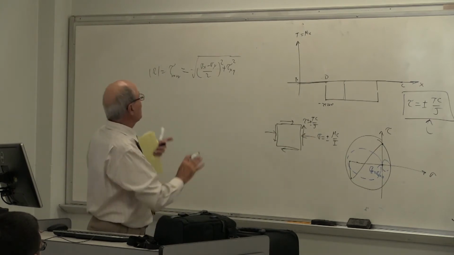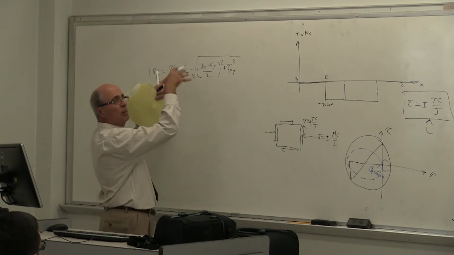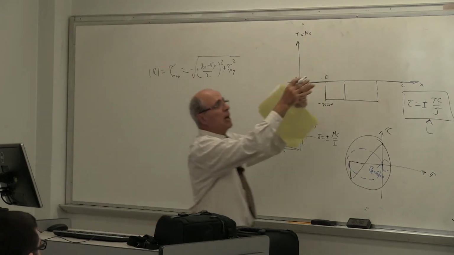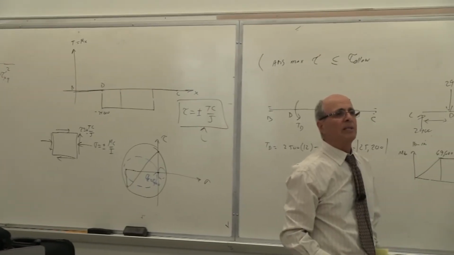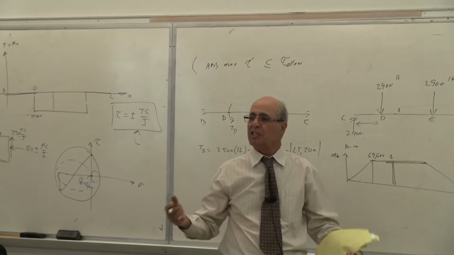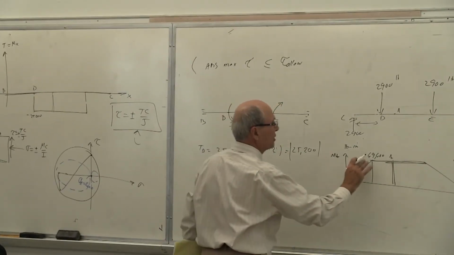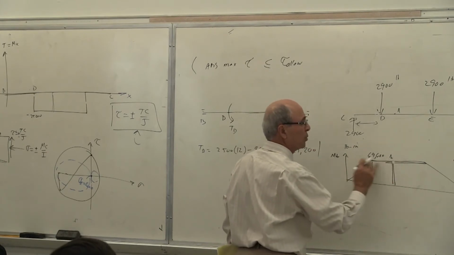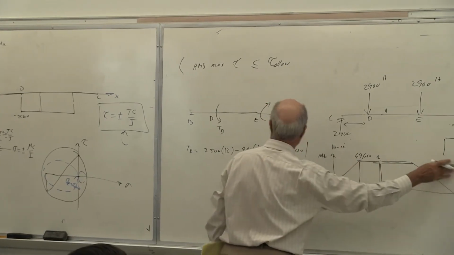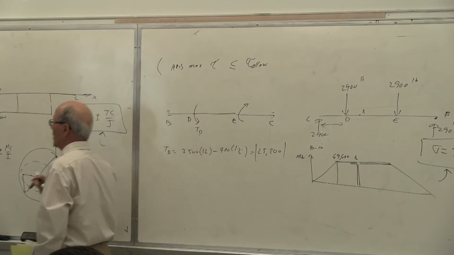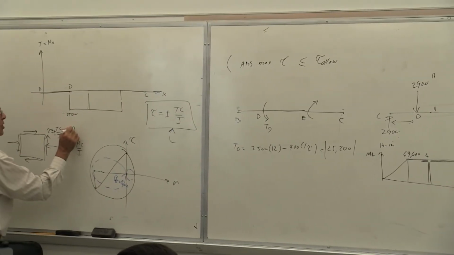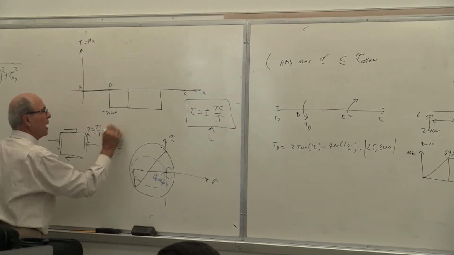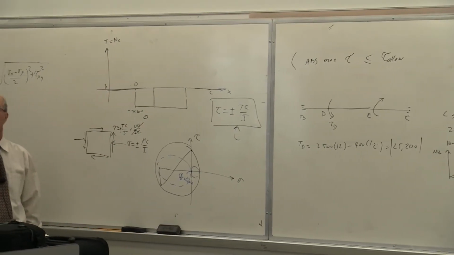Now, if this is absolute maximum tau, according to my theory, this should be less than tau allowable. Yes or no? In order for my shaft to be safe. If this A happens to be the most critical point, and this is its sigma in general, and this is tau, I'm neglecting VQ over It, so let's put it this way, but I'm neglecting that for you to remind yourself.